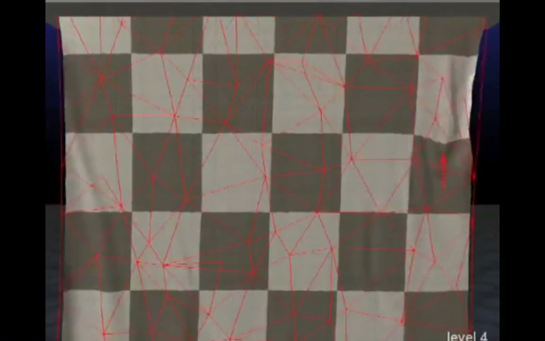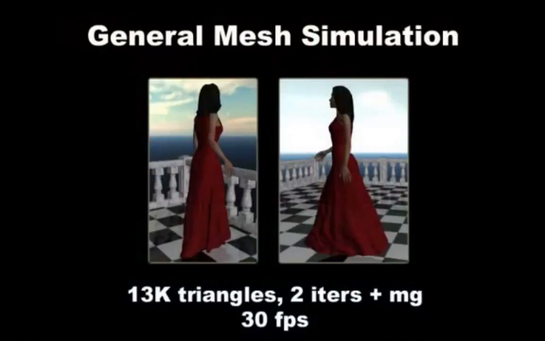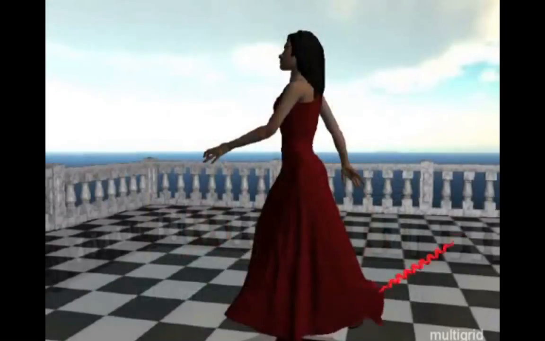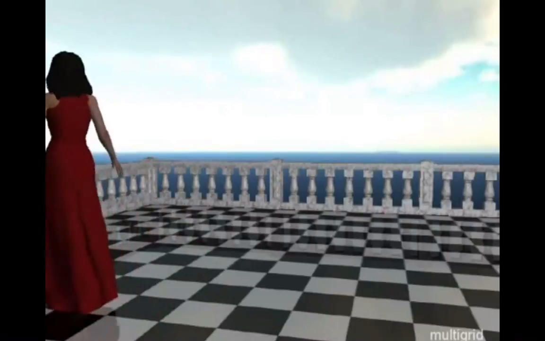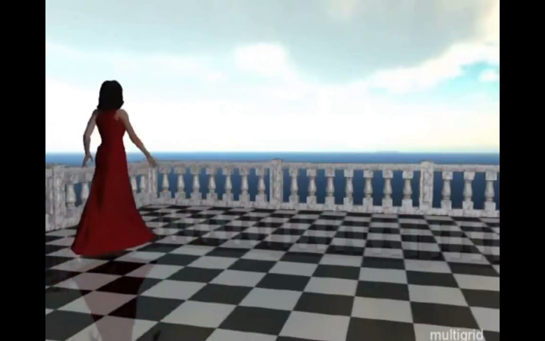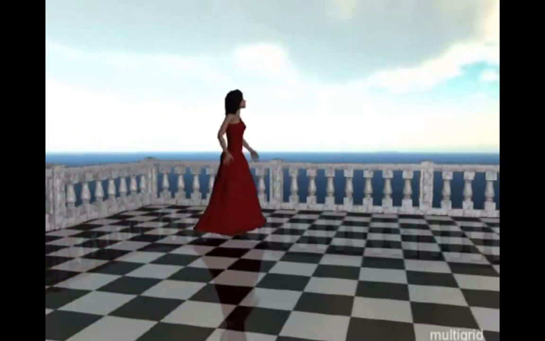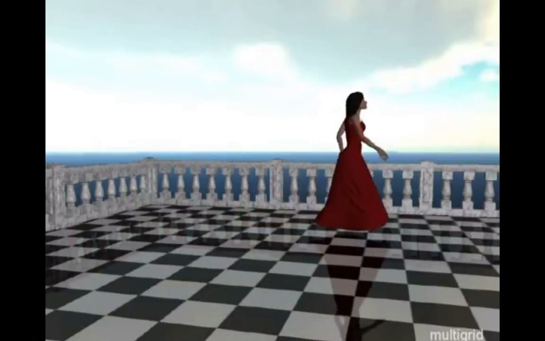Tearing is a cool effect, and it's not even that difficult. You might even try it for your next homework. It works like this: if the stretch of a triangle or even the distance constraint exceeds some threshold, then you just say, okay, broke, now remove it, and continue simulating. That's a fairly funny looking simulation, but it's real time, I believe.